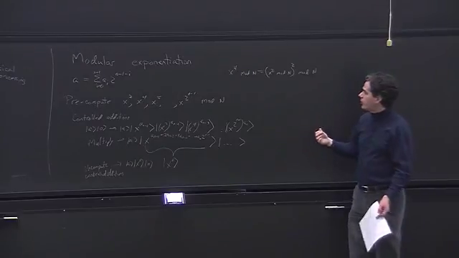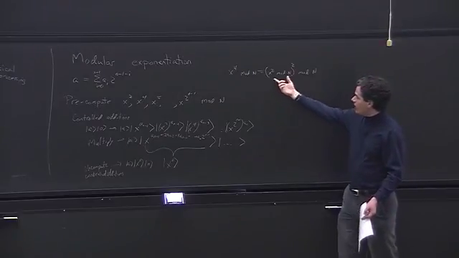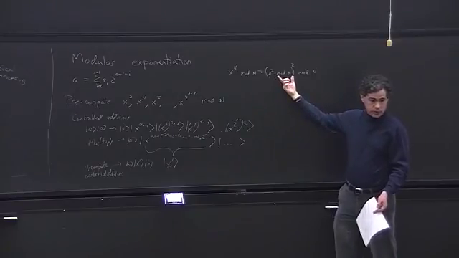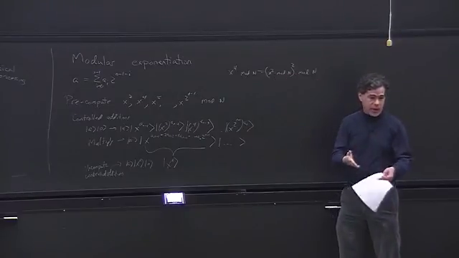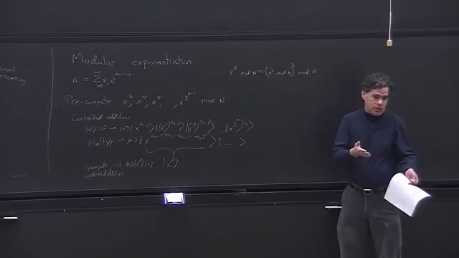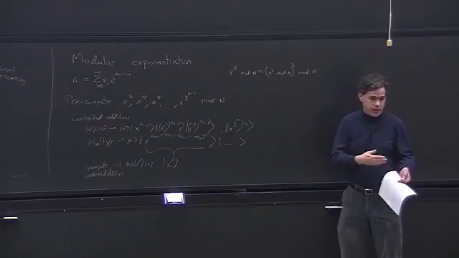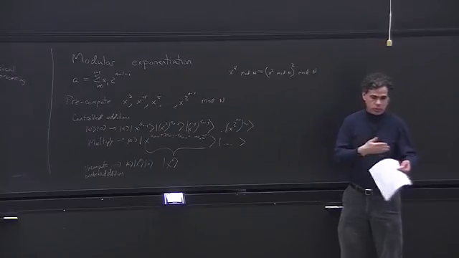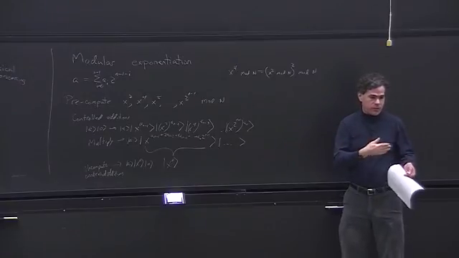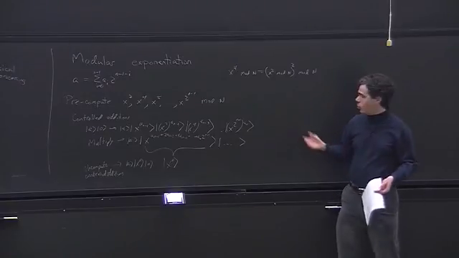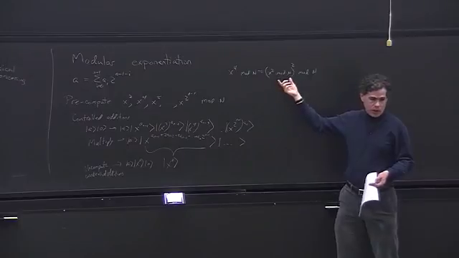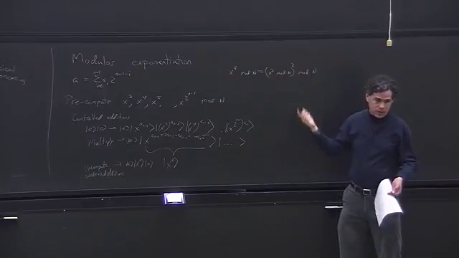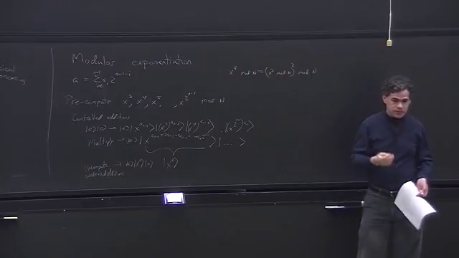Well, the point is that when we calculate x squared mod N, we multiply x by x, and we might get something that's bigger than N. If so, we'll subtract off N, or we'll take it mod N, which means subtract off enough multiples of N to get something that's less than N. So in the intermediate there, you may end up using one extra bit or something, but that's not a big deal.